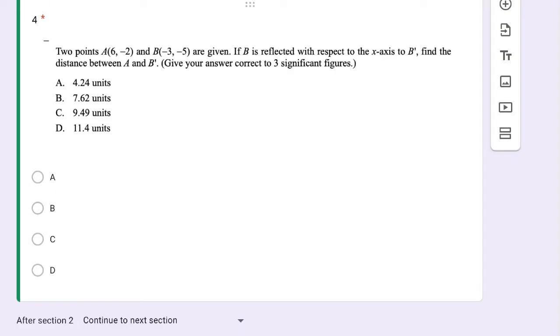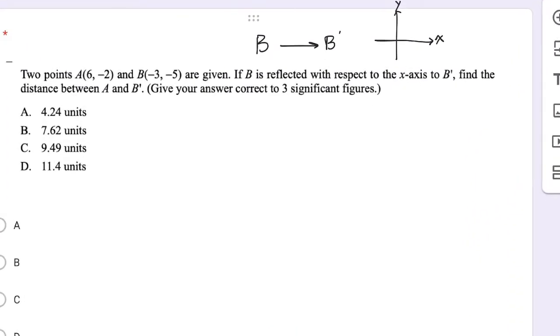For this one, you should know what should be the coordinate of B prime. If this point is reflected against the x-axis, that means in the beginning the point should look like this. So when you have negative 3 and negative 5, after you do the reflection against the x-axis, the x-coordinate won't change, but the y-coordinate becomes 5.